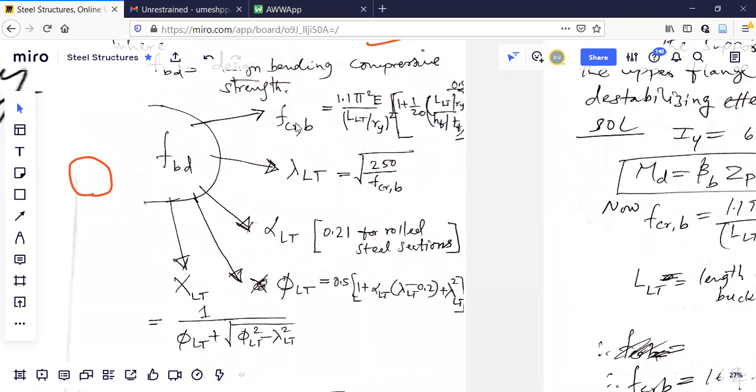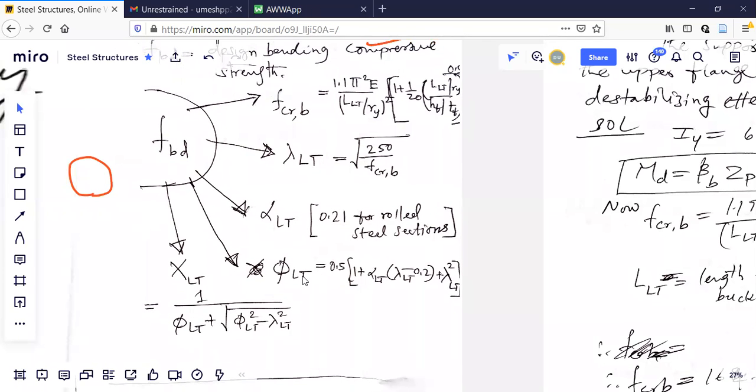That is why in the order you calculate while solving the problem, in that order only I have shown these parameters. Once you find FCRB, here gamma LT is square root of 250 by this. Okay. Once you calculate gamma LT, alpha LT can be calculated, but here it is a rolled steel section, so it is 0.21. You just remember it.